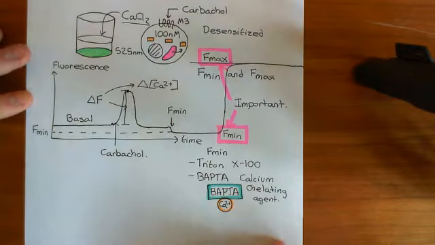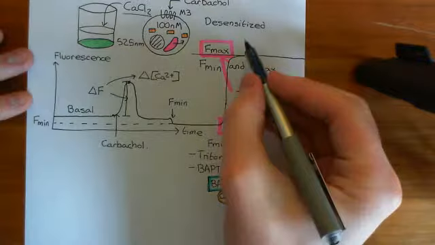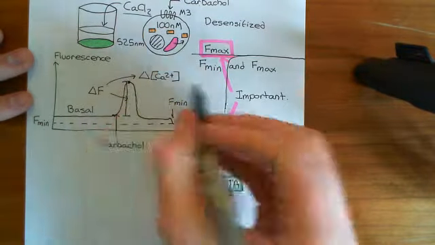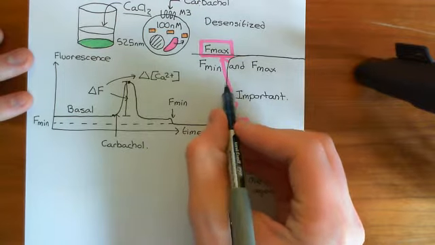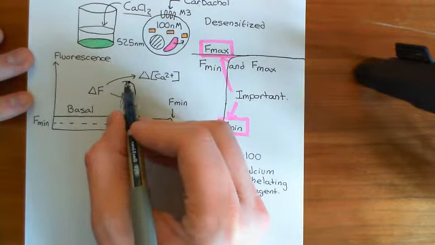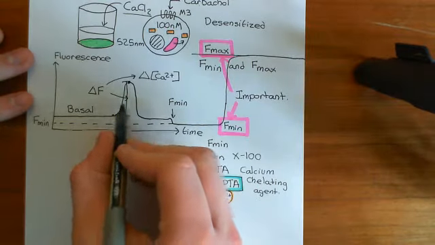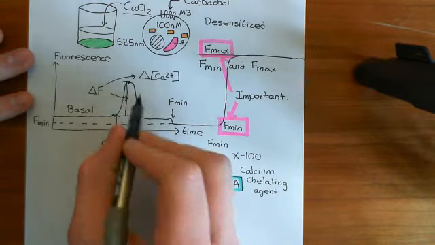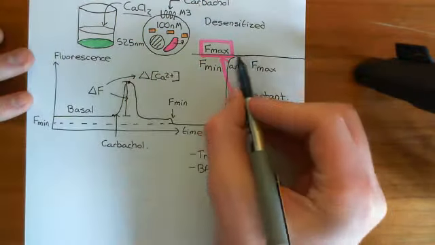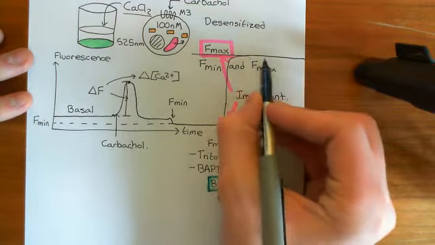Well, basically, we are always in between Fmax and Fmin here, which means that not all of the Fluo-4 molecules had calcium bound to them. At every single point along here, not all of the Fluo-4 molecules within these cells had calcium bound to them. If they had, our fluorescence signal would have been up here at Fmax.